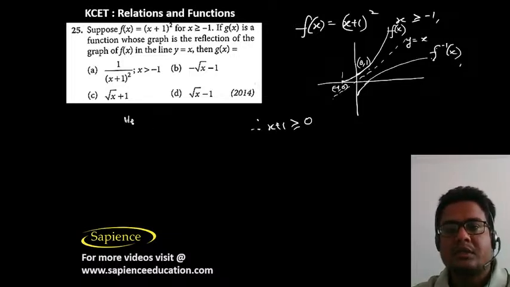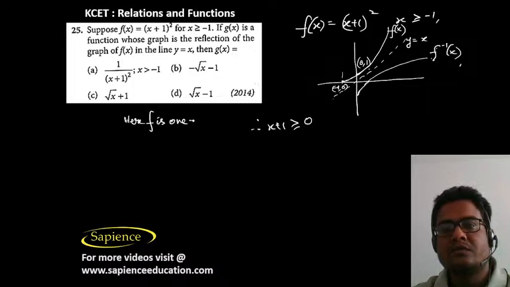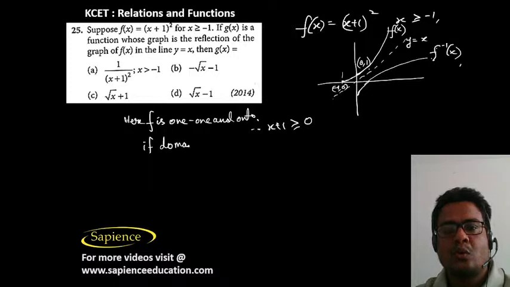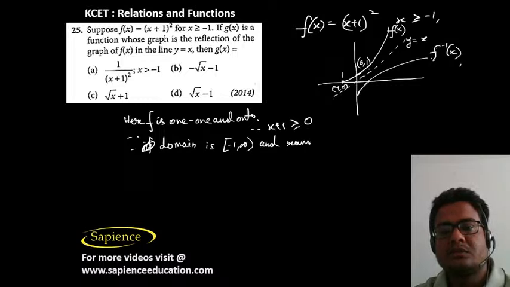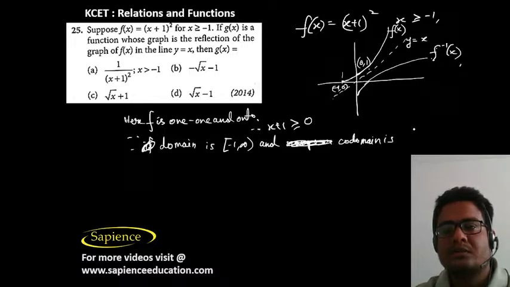Now here the function f is one-one and onto. The domain is minus 1 to infinity, and the range and the codomain are 0 to infinity, 0 included.